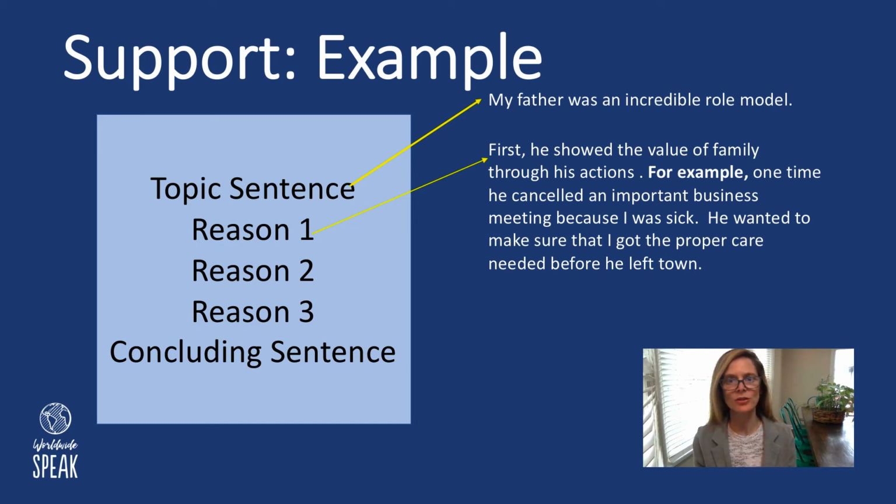He wanted to make sure that I got the proper care needed before he left town." So the reason was he showed family values and that family was important. And then I gave you a specific example to explain how he did that.